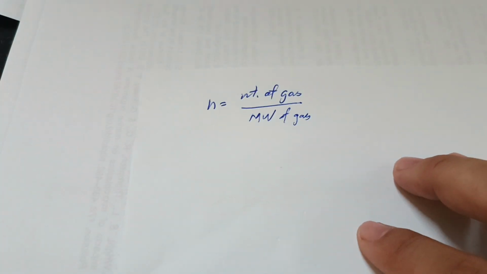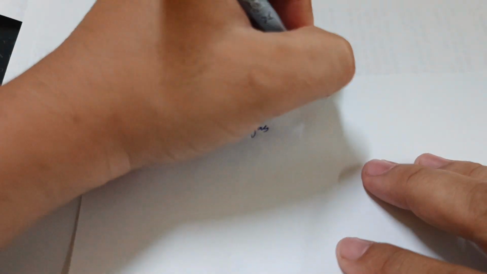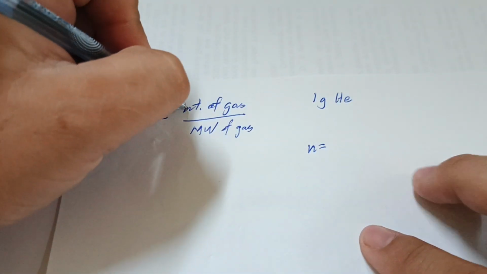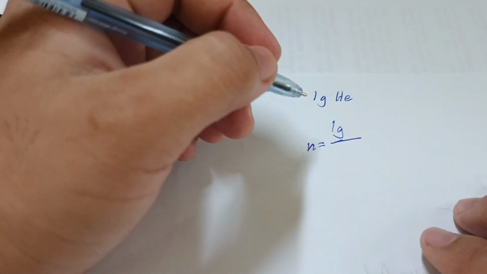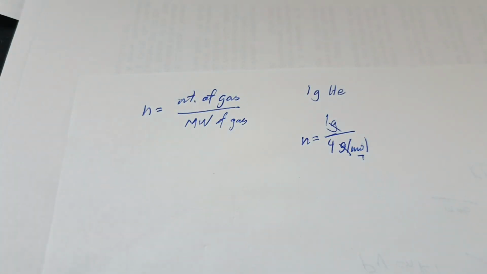For example, if we have 1 gram of helium, to get the amount of gas, you have n, the weight of the gas, which is 1 gram, over the molecular weight of helium, which is 4 grams per mole. We cancel the gram units, and you're left with the mole, which is exactly the moles of gas.